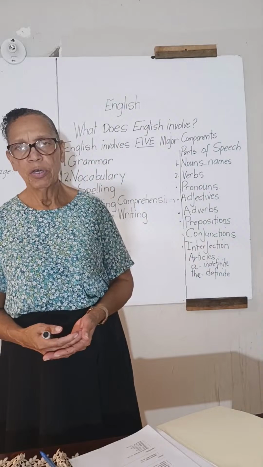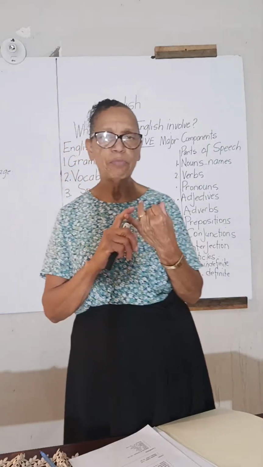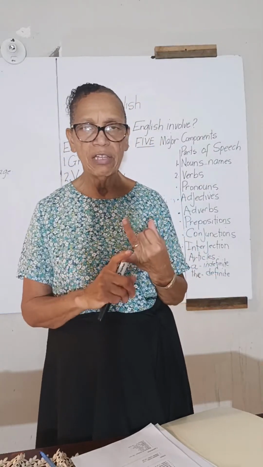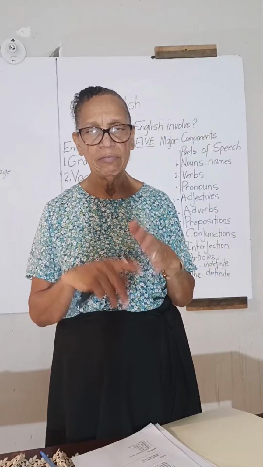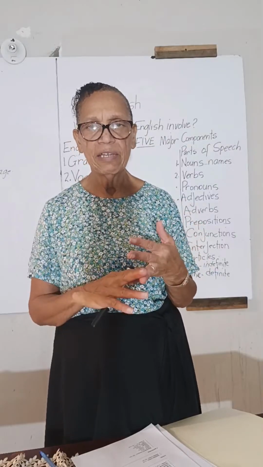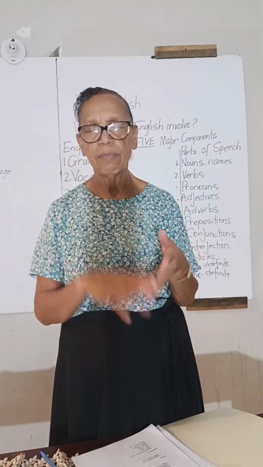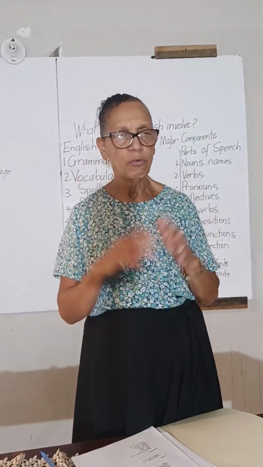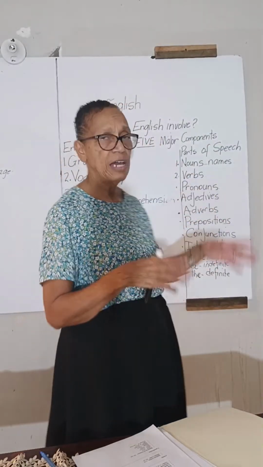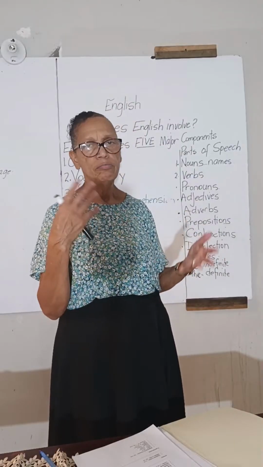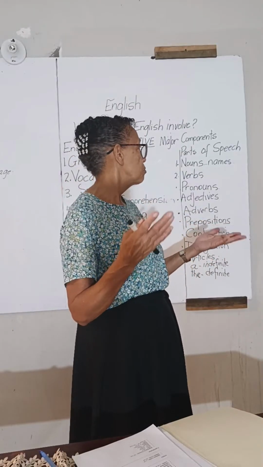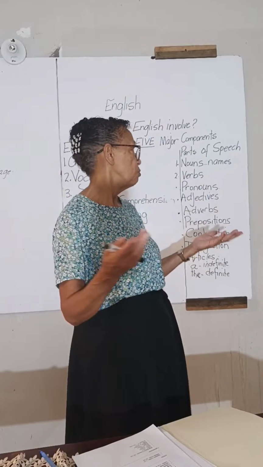Now, I said nouns are names of people: Karen, Margaret, Susan. Names of places: Africa, Jamaica, Westmoreland, all of those. It's also names of animals: Bruno, Trixie, all those.